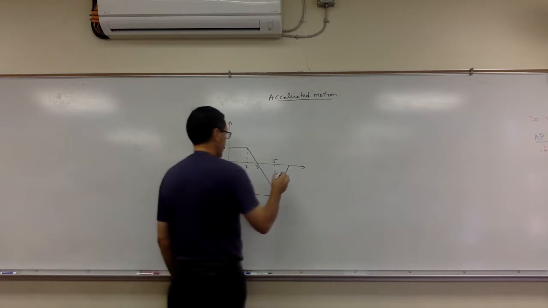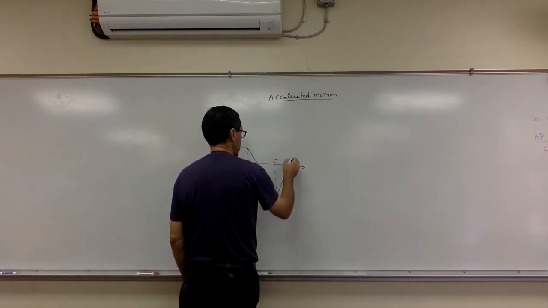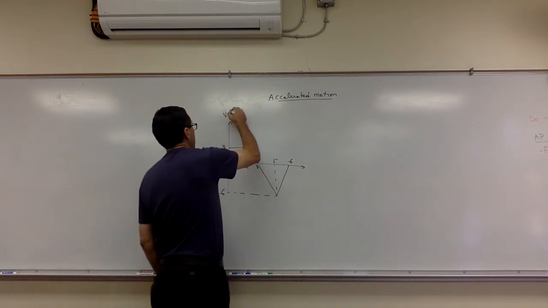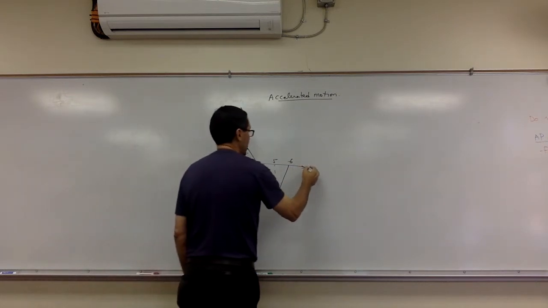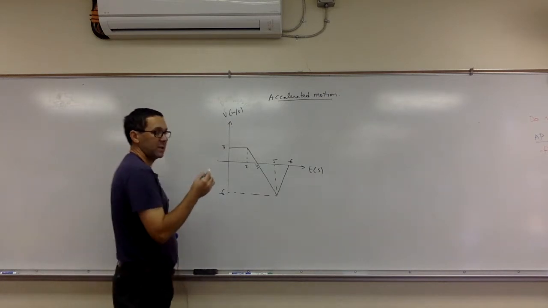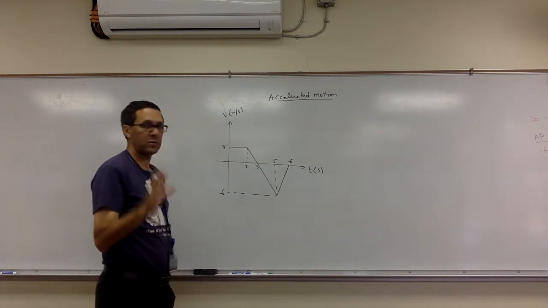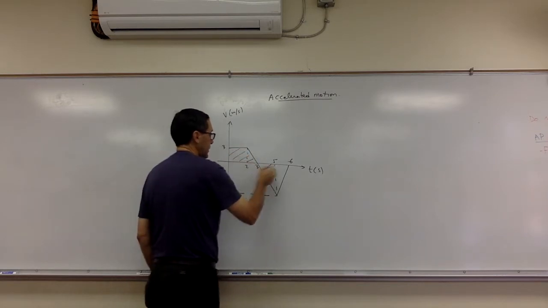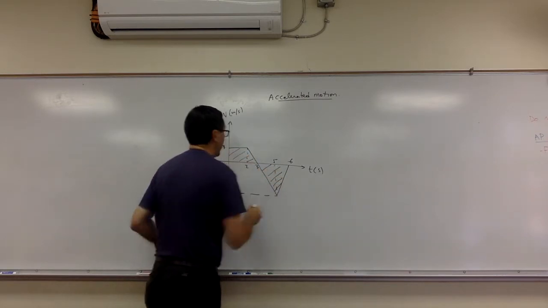And I'm going to say 6 seconds. This is meters per second, and this is time in seconds. Now, if I want to find my displacement, all I have to do is find these areas here and add them up. Now, how do you find these areas?